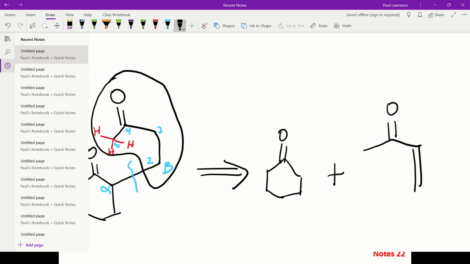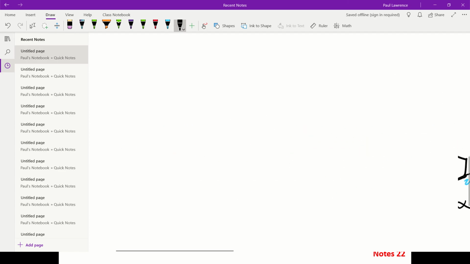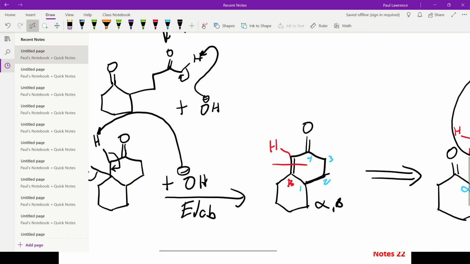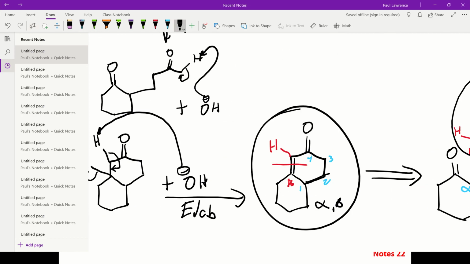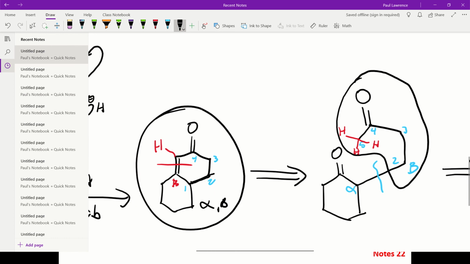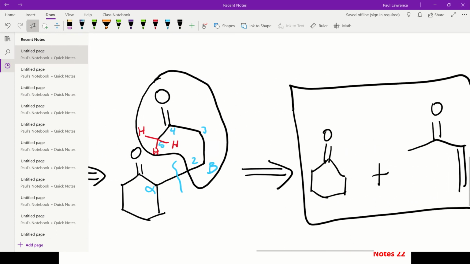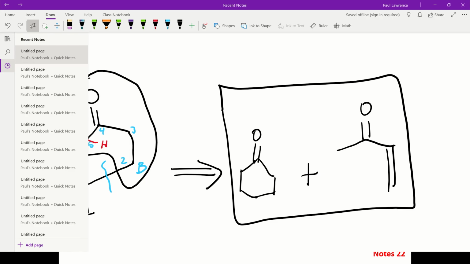And there's the two pieces that you're going to need to make the product. So here's our product, and if I gave you a product and asked you to predict the starting materials, that's the process that you undertake. And there it is.